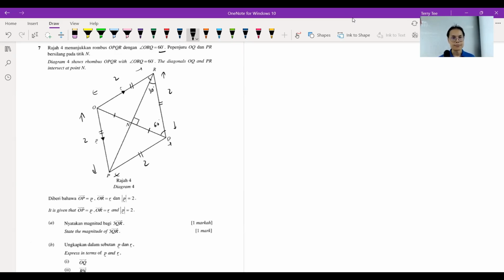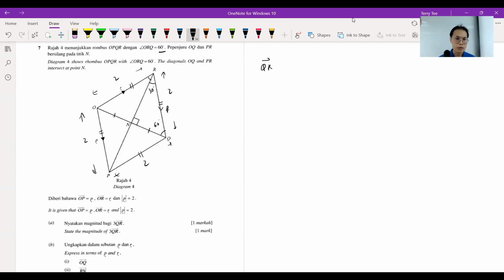Now, next. We're supposed to nyatakan magnitude bagi 3 QR. So where's QR? QR is P, right? QR is going from this way up. This is P actually. P is going down.